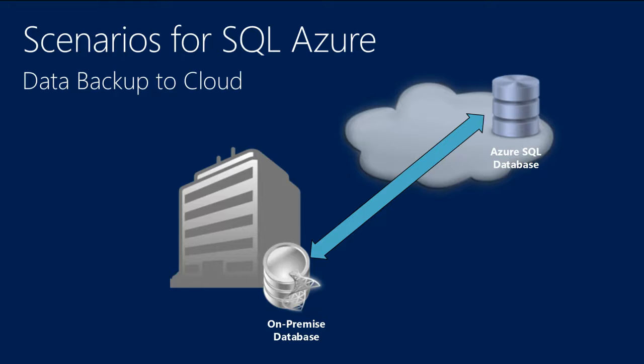If, heaven forbid, I lose data locally on-premise, I can just set it up to sync back down from the hub, which is up in the cloud, to on-premise. So a great scenario around this is a fail-proof data backup plan for organizations. I find that this kind of simple database backup is a great way to get customers and clients to use SQL Azure for the first time, to get them comfortable with using the cloud.